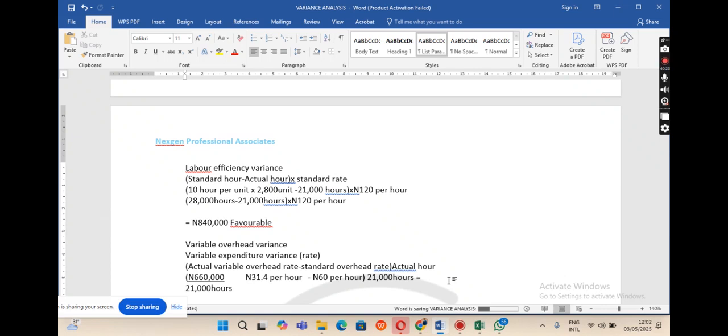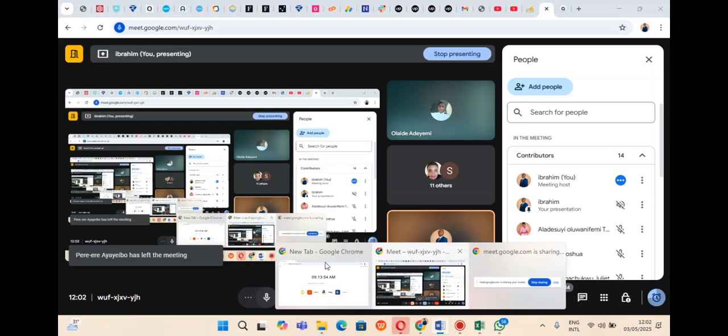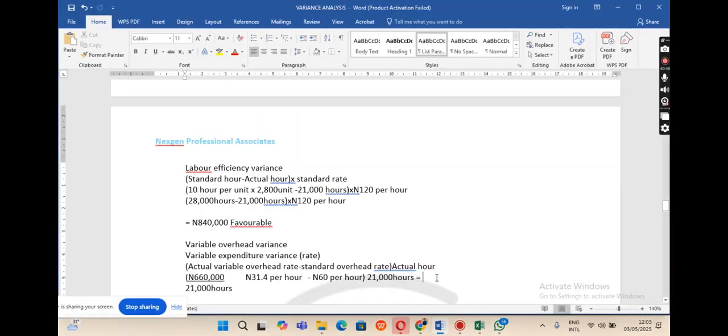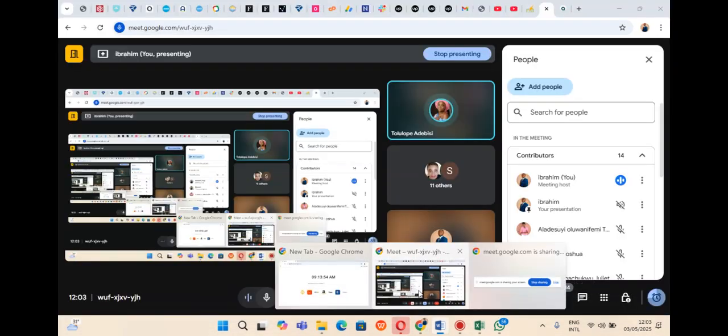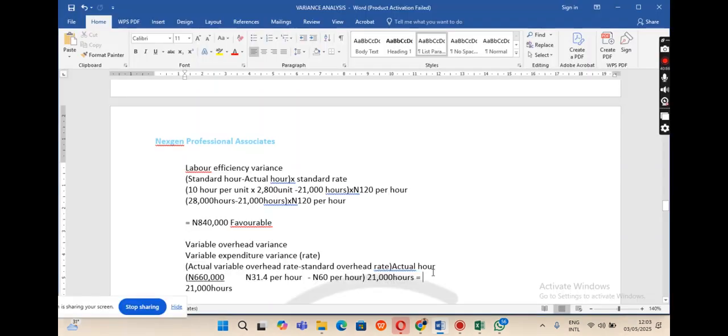Who is the person that says it is adverse? Let me use the person as an example now, so that you will know that it is favorable. Who is the person? Oh, Olaide. Okay. Are you married? Hello, sir. What do you have?